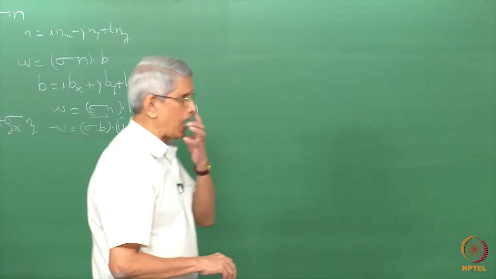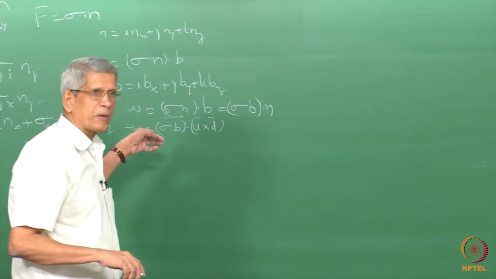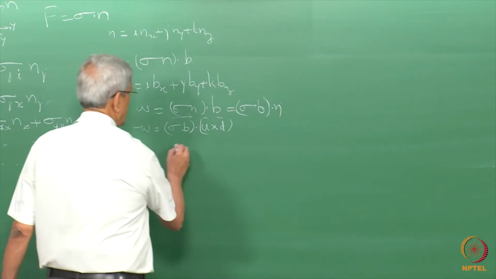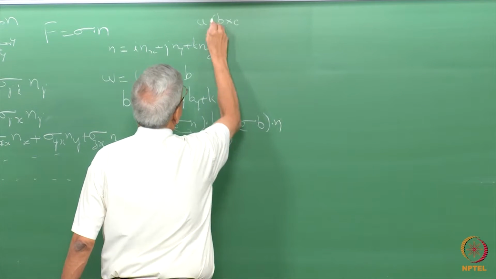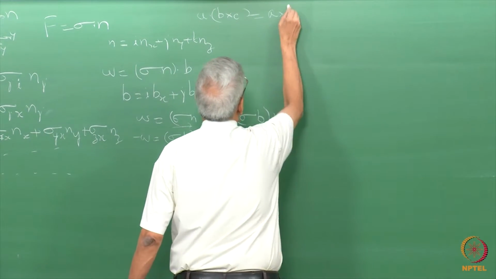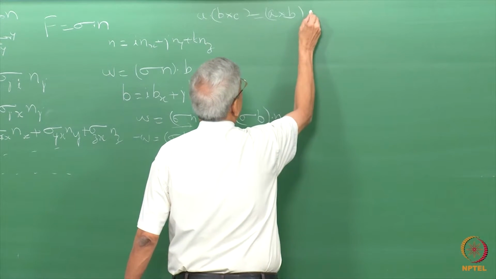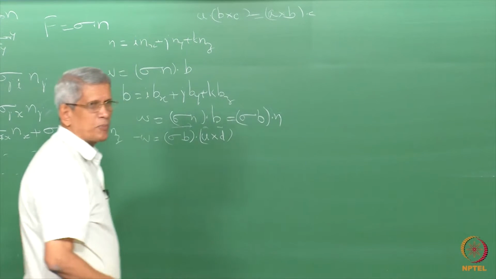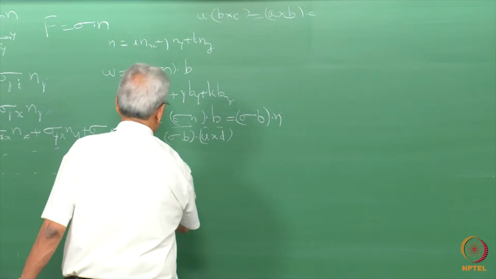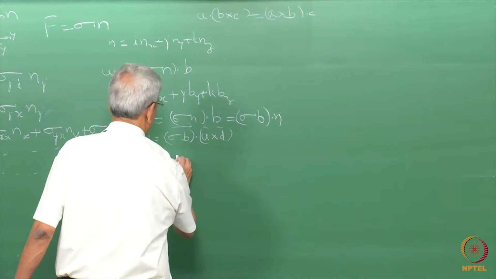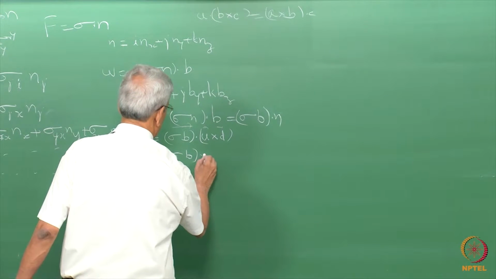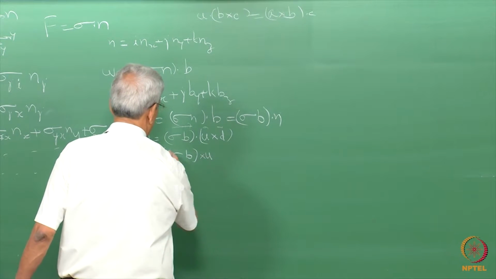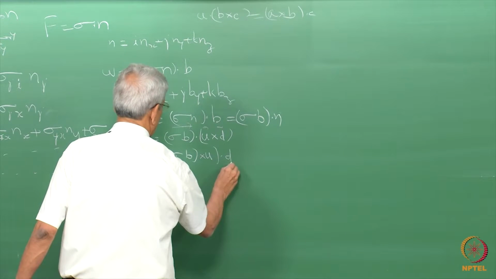In vector algebra, for the scalar vector product, a dot b cross c can be written as a cross b dot c. These are all the same, correct? It's the box product. So the same thing which we do, then this becomes sigma b cross u, dot d, we can write it.